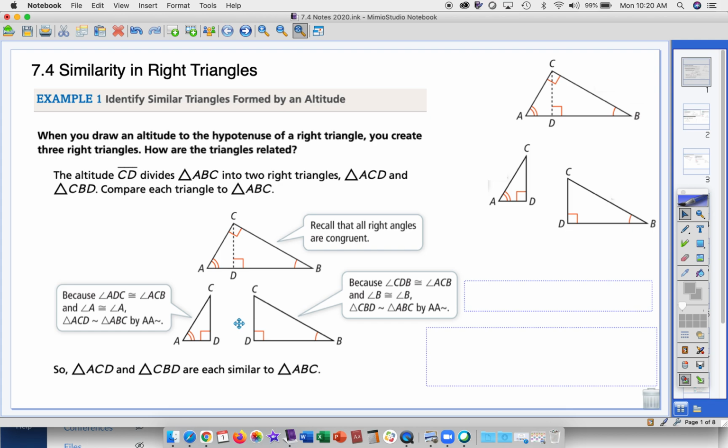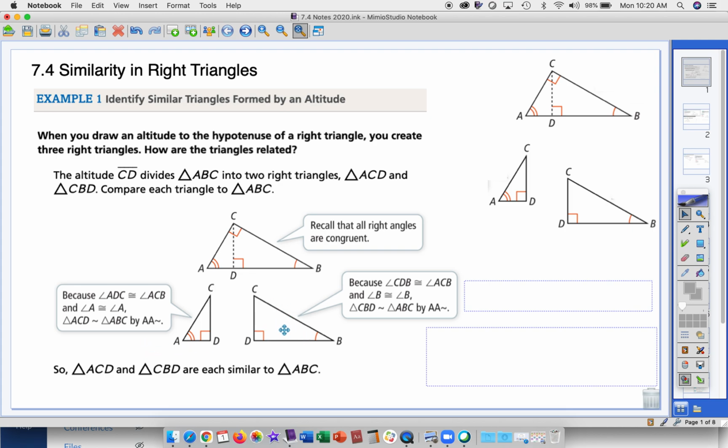And if we take a look at these, we can see that because angle ADC is congruent to ACB, and angle A is congruent to itself, then we know that triangle ACD is similar to triangle ABC. And that's by the AA theorem.